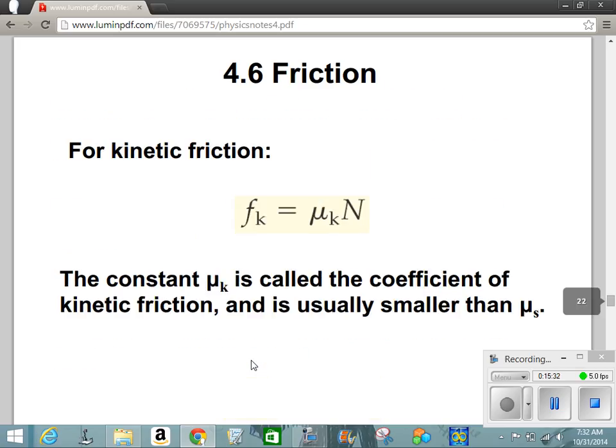And so we would calculate the kinetic frictional force the same way. We'd say mu sub k. Now this number is usually a little lower than the static frictional force, because once you get an object in motion, you don't have to oppose friction as much.